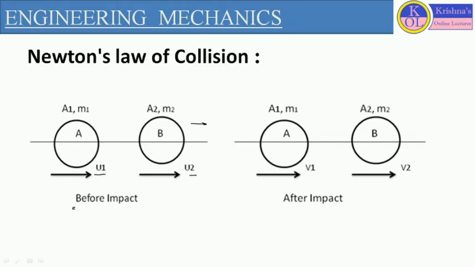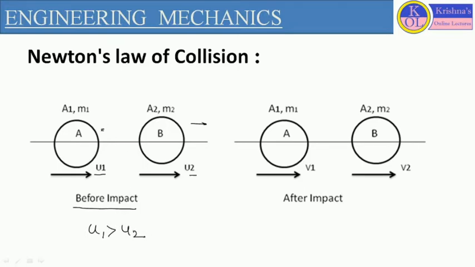This defines the condition before impact, before collision. If we want collision between these two bodies, the velocity of body A should be greater than the velocity of body B. So u1 should be greater than u2.